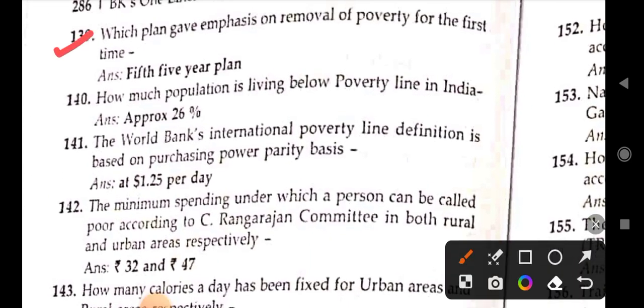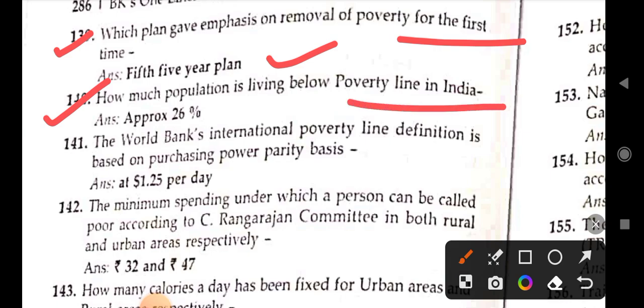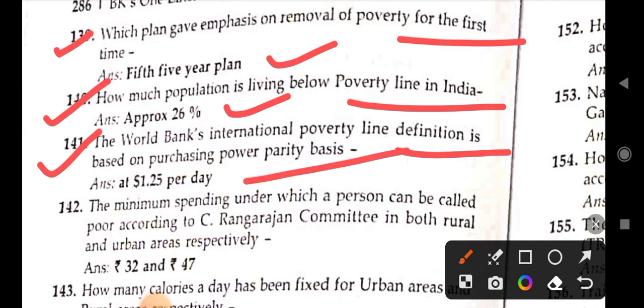Next, which plan gave emphasis on removal of poverty for the first time? Fifth five-year plan. How much of the population is living below the poverty line in India? Approximately 26%. The World Bank international poverty line definition is based on purchasing power parity basis, at 1.25 per day.